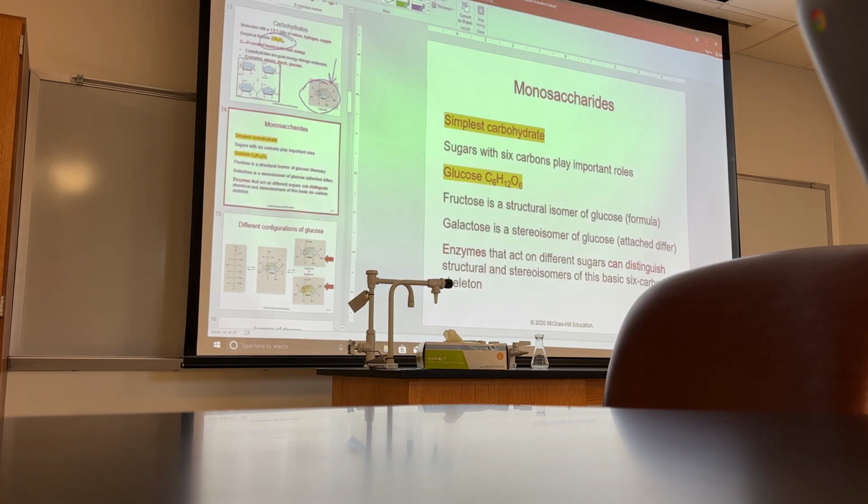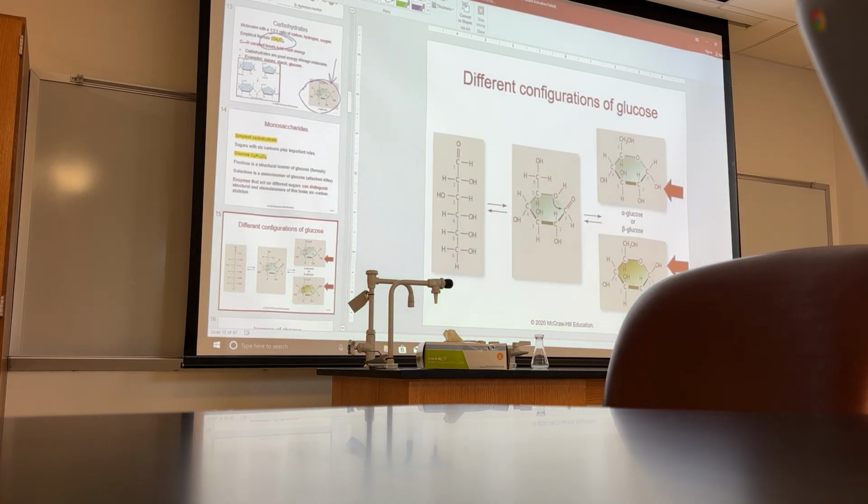Polysaccharide. Poly means a lot, many, M-A-N-Y, many polysaccharides. That's glucose, that's starch, and that brings me to the difference between starch and cellulose. I want you to know the difference between starch and cellulose. And this is how they look, actually.